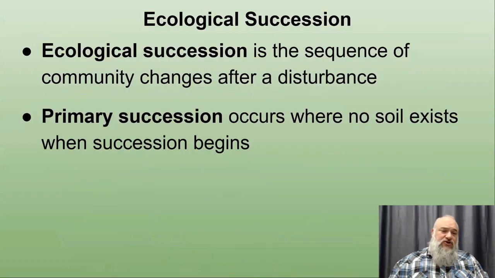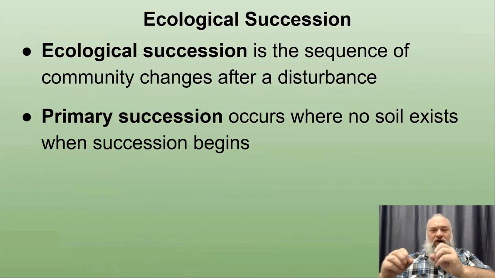All right, and that brings us to succession. What happens? So ecological succession is the sequence of community changes after disturbance. Okay, so after disturbance, what type of organisms thrive, which ones don't, and what comes after that, and what comes after that. How does the environment or habitat change after disturbance? Primary succession occurs when no soil exists when succession begins.